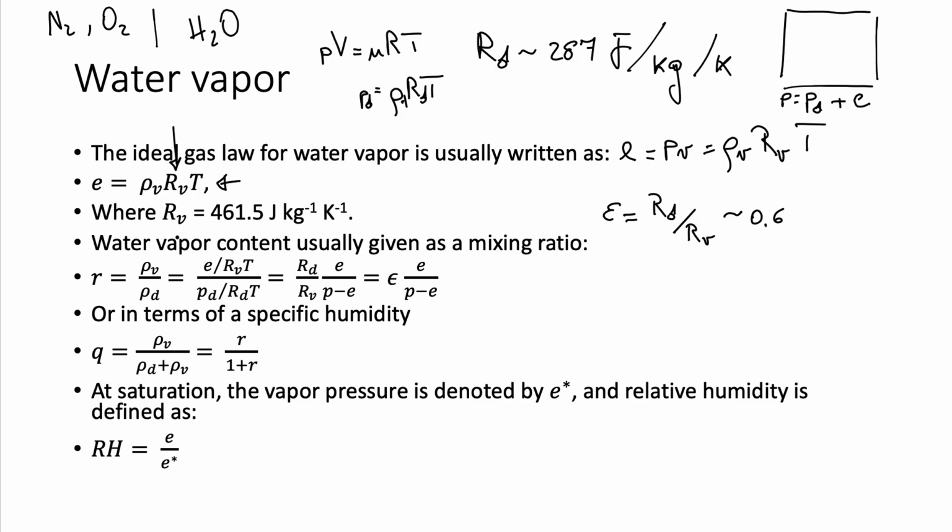Well, we have a few ways to quantify the amount of water vapor present. The first is through a quantity called mixing ratio. Mixing ratio is simply the density of water vapor to the density of dry air. Notice that I'm using density, not mass.